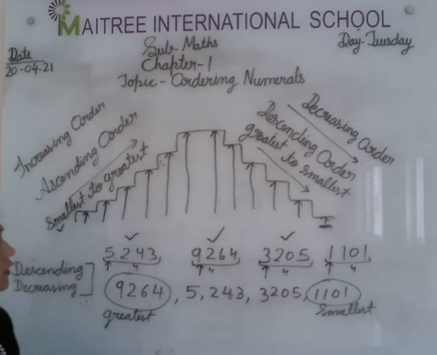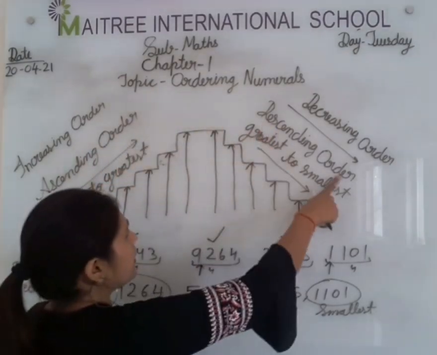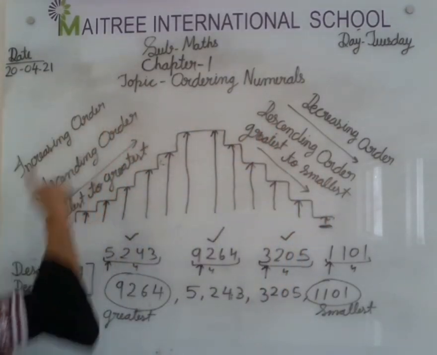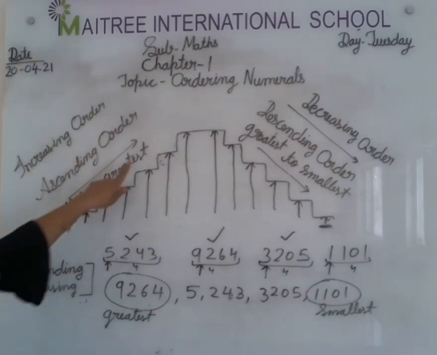Again I am repeating the same thing. This is ascending order, this is descending order. Ascending order means increasing order. Increasing means smallest to greatest.